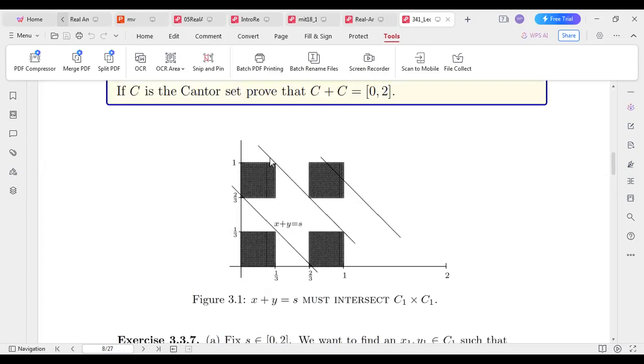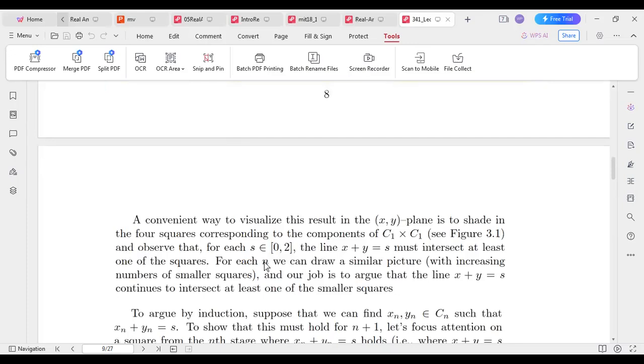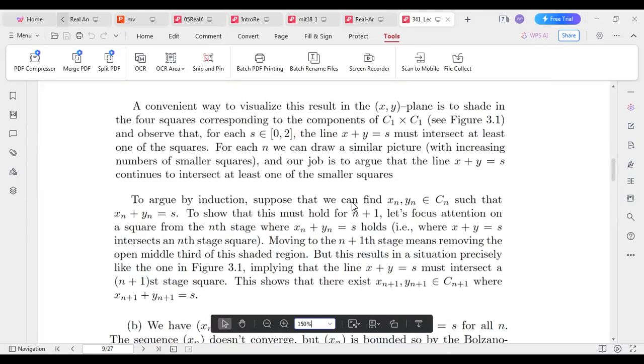For each n, we can draw a similar picture with a larger number of smaller squares. Our job is to argue that the line x plus y equals s continues to intersect at least one of the smaller squares. To argue by induction, suppose that we can find xn and yn belonging to Cn such that xn plus yn equals s.